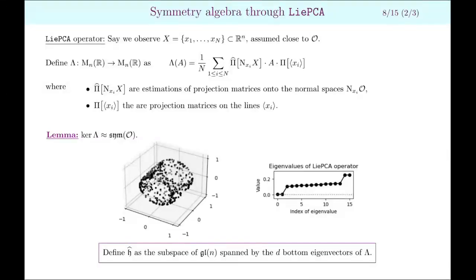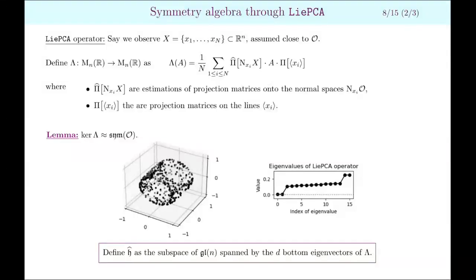The image of a matrix is this sum, where you can see this term is the projection matrix on the normal space of the orbit at the point x_i. In practice, we don't know the tangent space or the normal space, so we just estimate it with a local PCA, for instance. And this is the projection matrix on the line spanned by x_i.